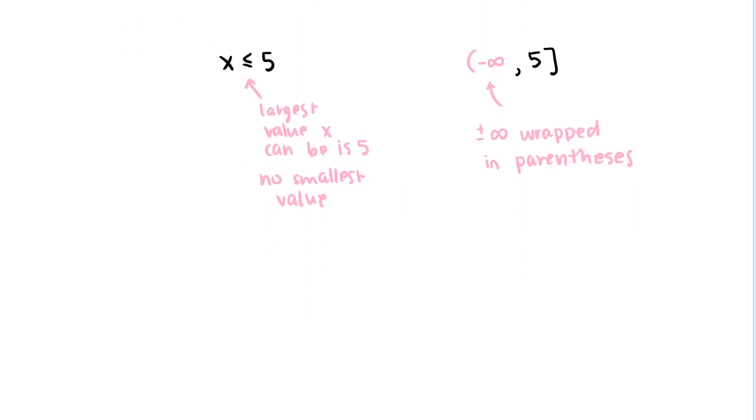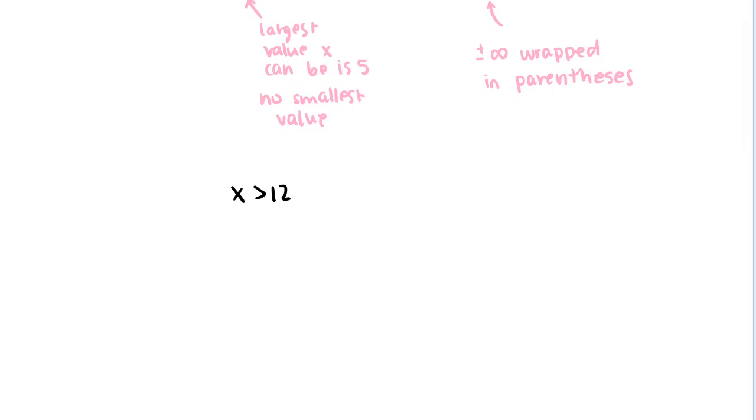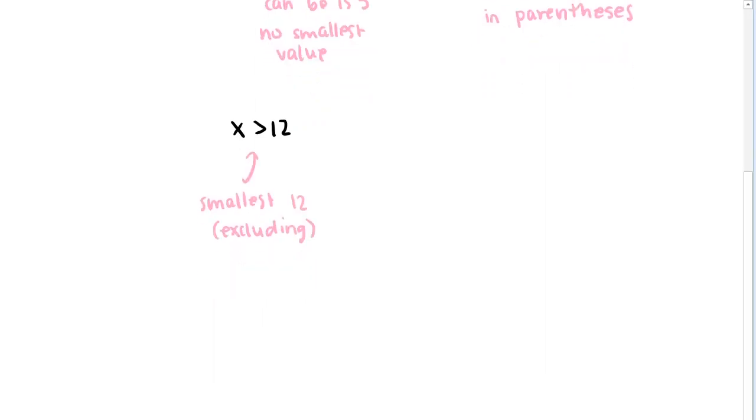And so what if we write something like x is greater than 12? Right, so the smallest this set of numbers can be, well, it can be any value near 12. It can't actually be 12, right? We're excluding 12, but the moment it's a little bit bigger than 12, that's okay. So 12 can kind of be used to describe how small the values of x can be. But again, this is not telling us a cap on how large it can be, so there's no largest value here.